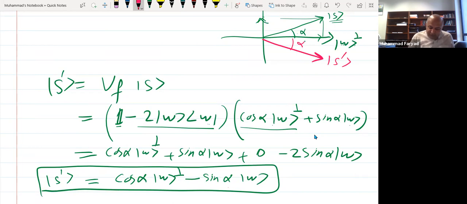So it means that UF has essentially played the role of a rotator around this omega perpendicular axis, and rotated our S vector from this side to this side by an angle 2 alpha. Right? So this is a way of visualizing this.